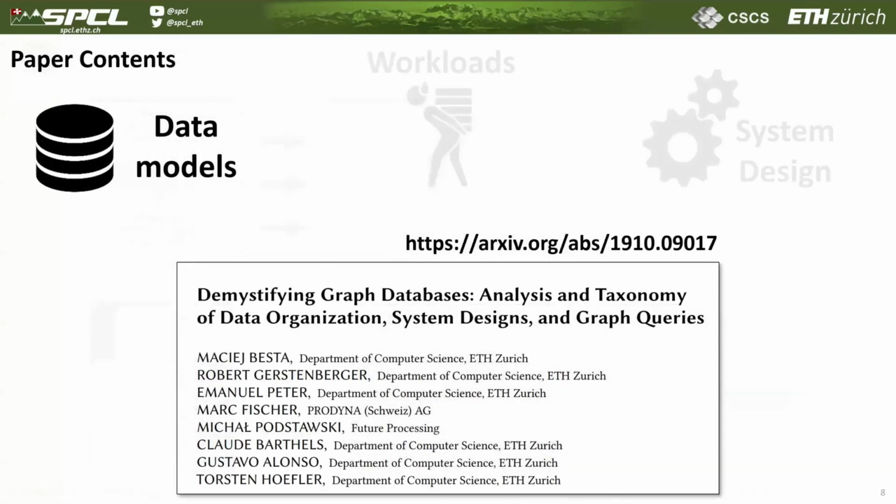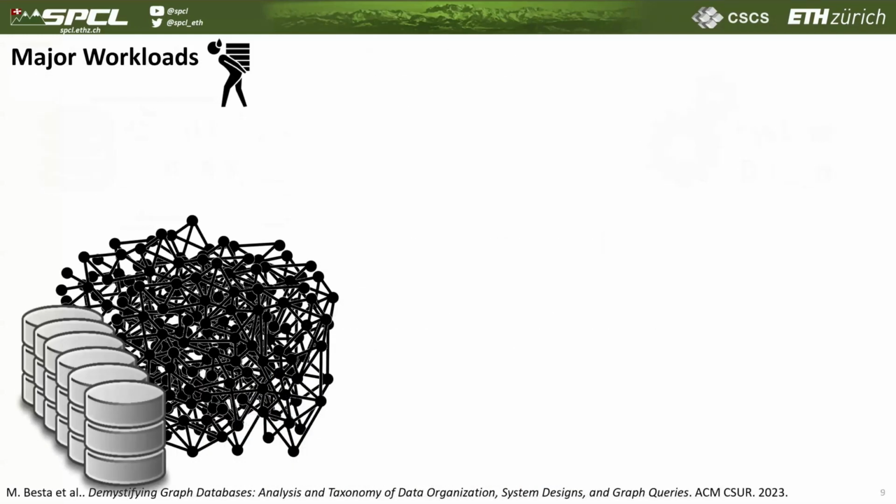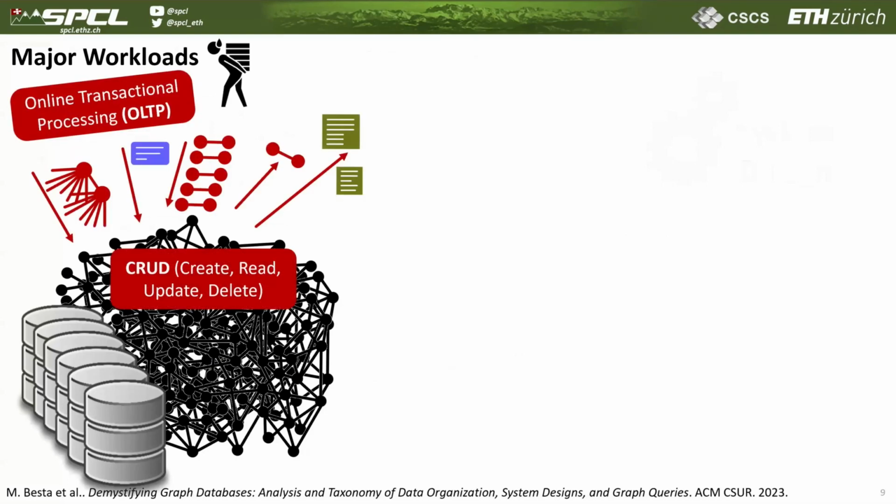Besides the data models, we also describe major workloads. The major workloads that we have in these systems are, on one hand, the so-called online transactional processing, in short OLTP, in which we deal with different types of graph accesses that can be collectively described as CRUD accesses, namely create, read, update, and delete different parts of the graph.